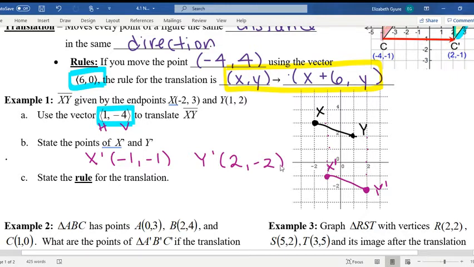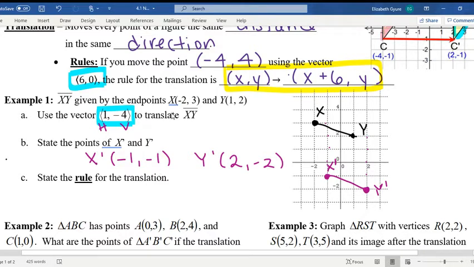Well, that's easy to see with our picture, right? But what if we didn't have a picture? If you take a look, didn't X start off at (-2, 3), and then you applied this vector to it, <1, -4>? What's -2 plus 1? -1. Isn't that where your X coordinate ended up? Then your Y was 3. What's 3 minus 4? -1. Isn't that what your coordinate point ended up at?